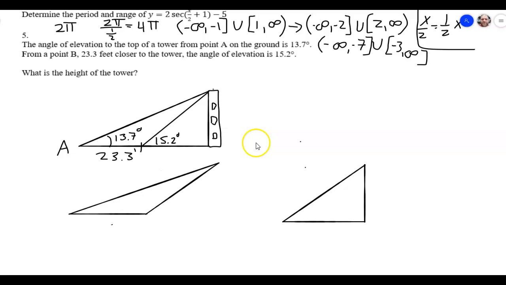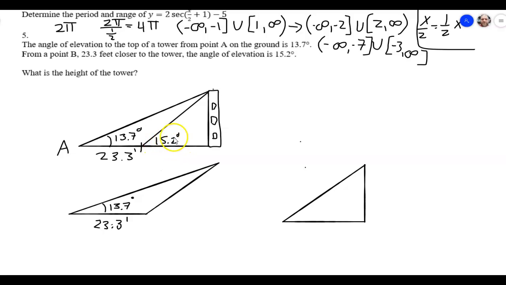Alright. So for this one here, I know this is 23.3 feet. I know this angle here is 13.7 degrees. But I don't know the other two angles yet. But I know that going from here to here, that's a straight line, so that's 180 degrees.